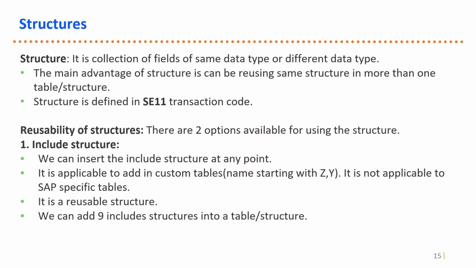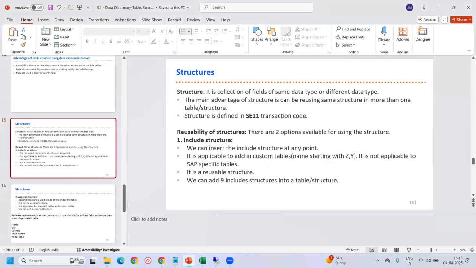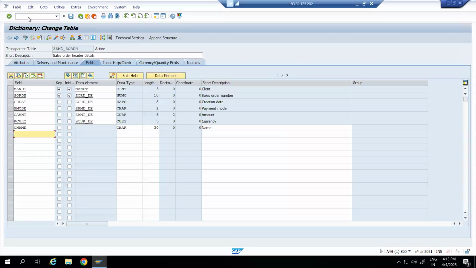This structure we can create with the help of the SE11 transaction code. We already know SE11 transaction code where we create all the data dictionary objects, right? The types we'll see later. First we'll create a structure, then I'll explain the types of structures. So let me keep the screen as is and I'll open SE11 transaction code.